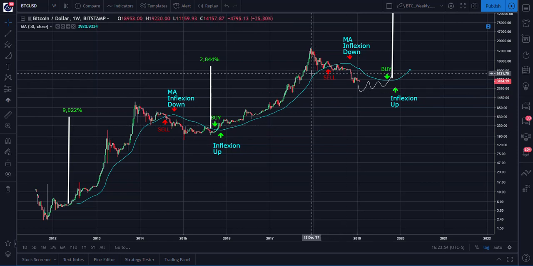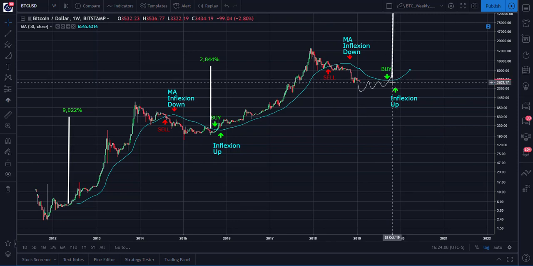If we extrapolate the same, we can say approximately December of 2019 is when that inflection point will occur. However, the actual crossing of the price of the moving average to the upside may occur earlier than that. In fact, it will occur prior to the inflection point. Maybe November, maybe October or September.